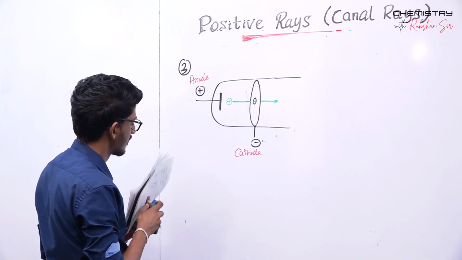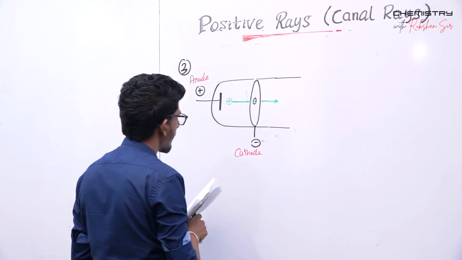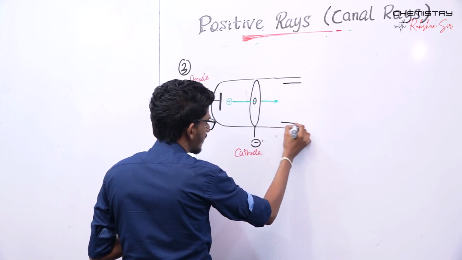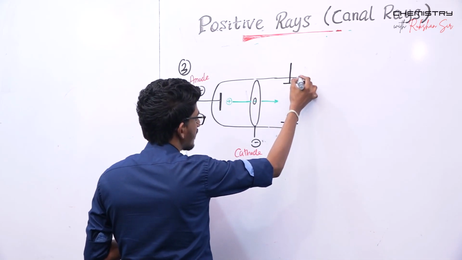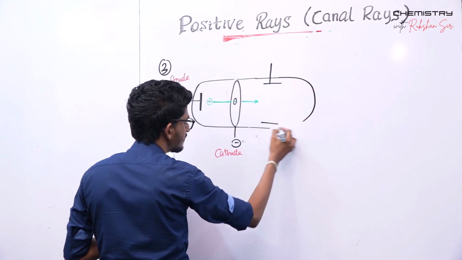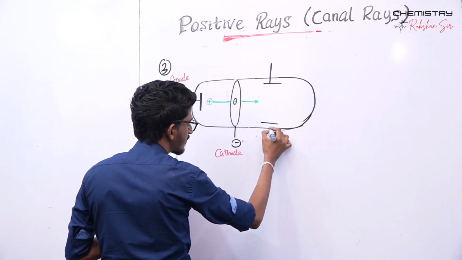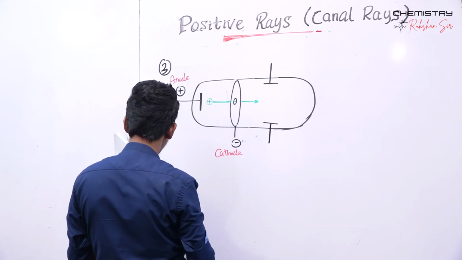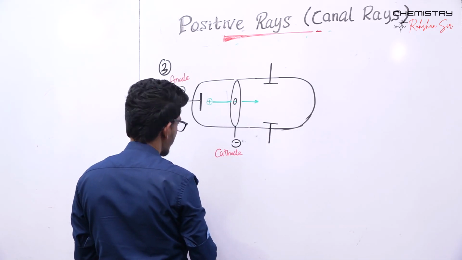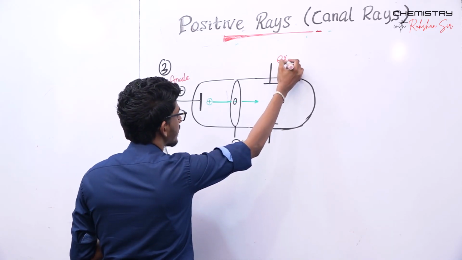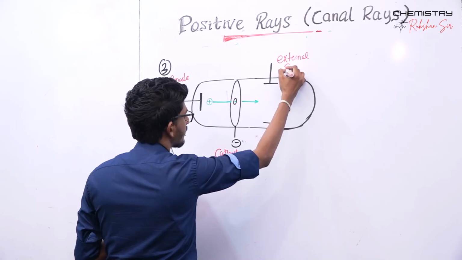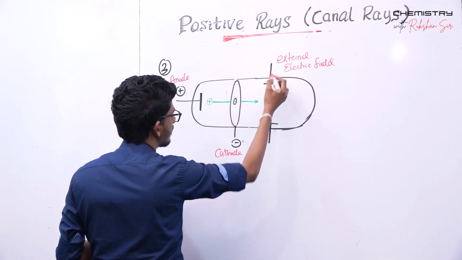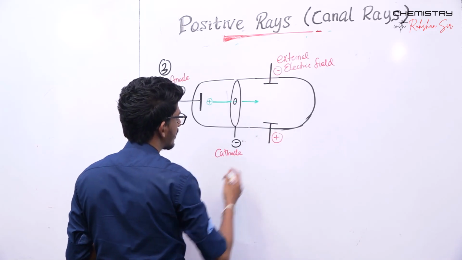So you can place an external electric field here. Let's say this is the negative terminal and this is the positive terminal of the external field.